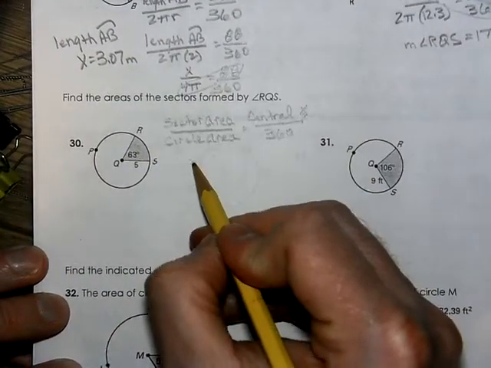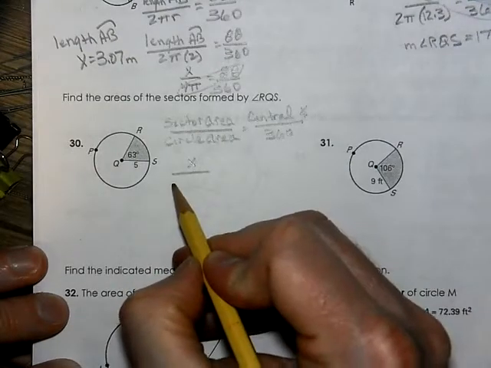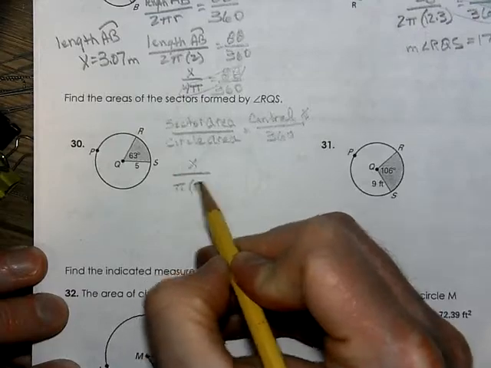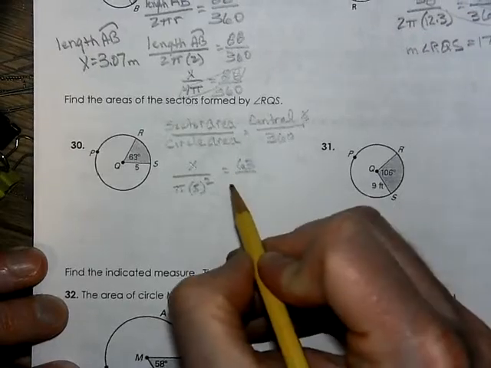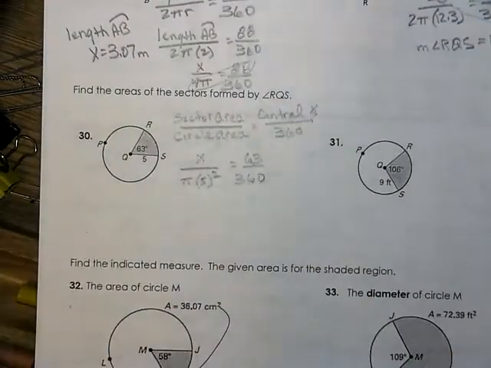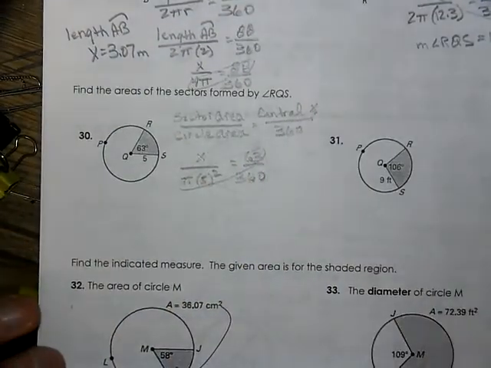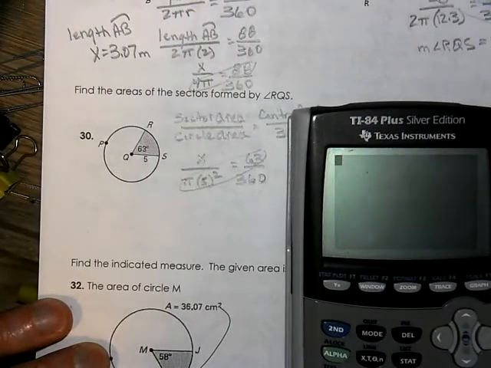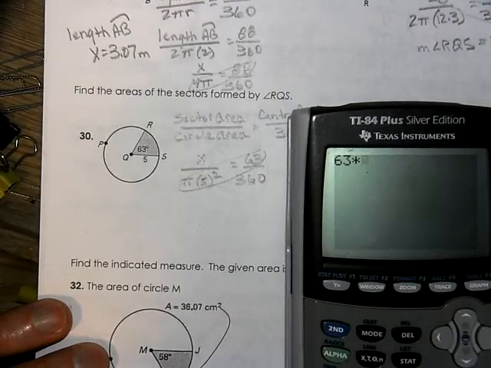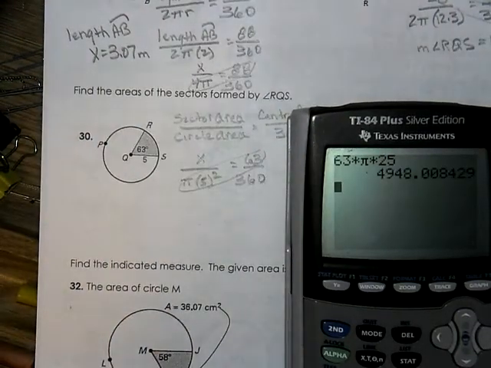We don't know the sector area, but the area of the circle is pi r squared. The central angle is 63 over 360. So I'm going to cross multiply. I have 63 times pi times 25, because 5 squared is 25.